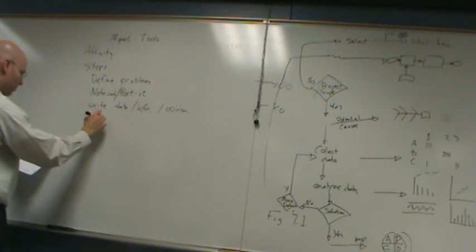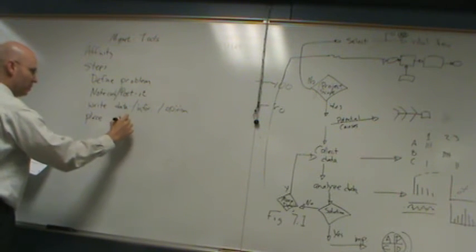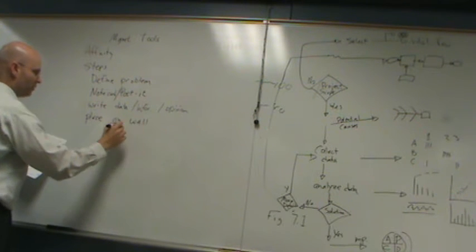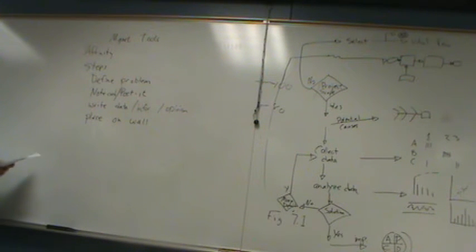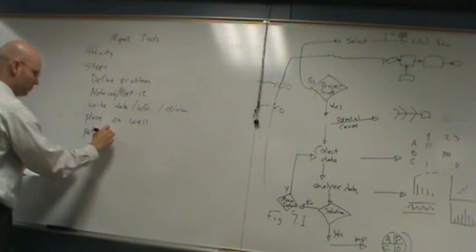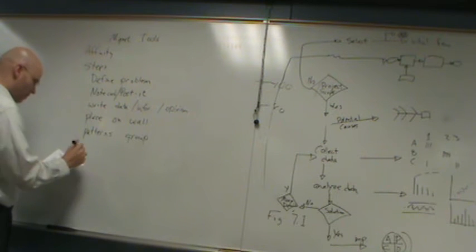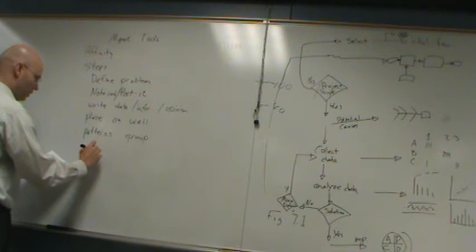You're going to place all of these on the wall, hence the sticky part. If it's a note card, then you're going to do it on your table. And then you're looking for patterns. And then you're going to create groups off of that. And then you're going to get categories.